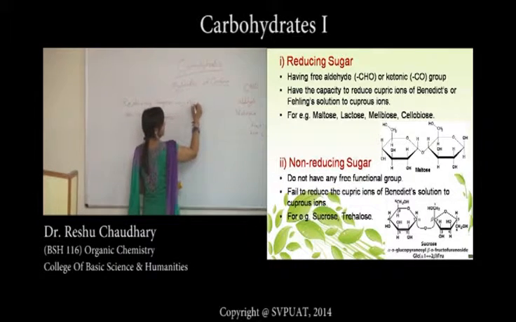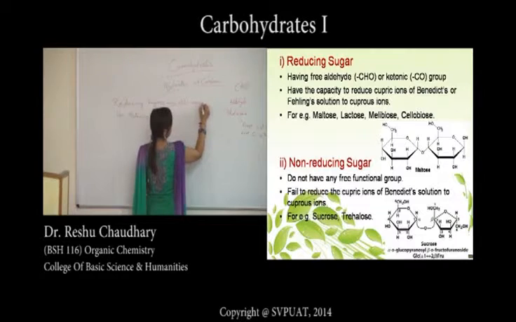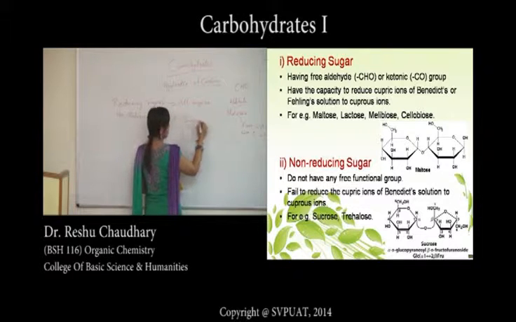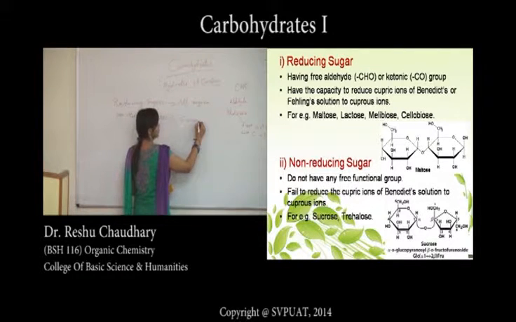Only sucrose comes in non-reducing sugar.